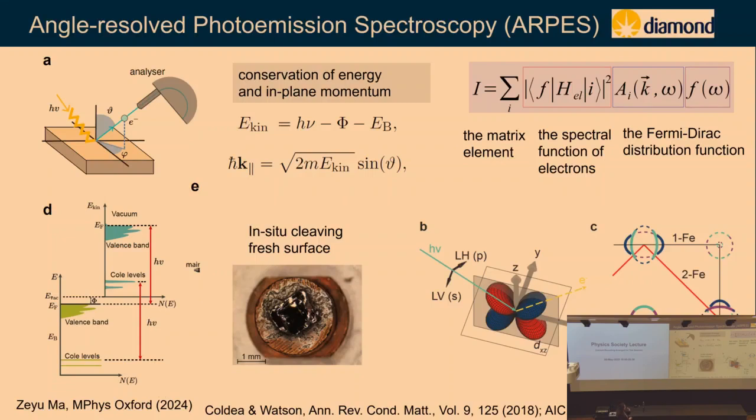And we can determine how the electronic band structure looks like, and how their momentum dependence looks like, and visualize Fermi surfaces.